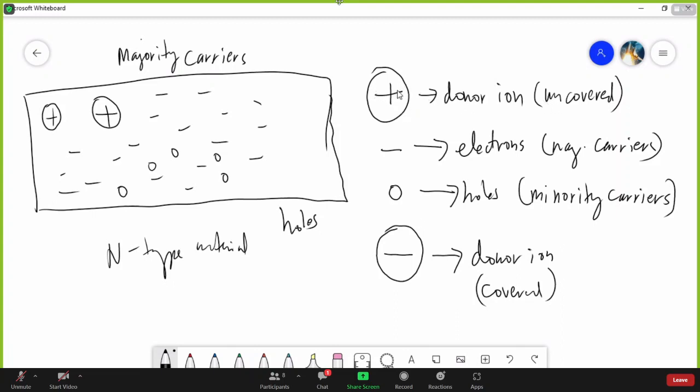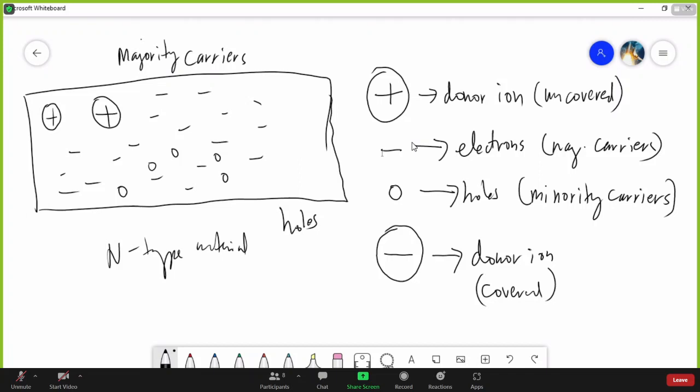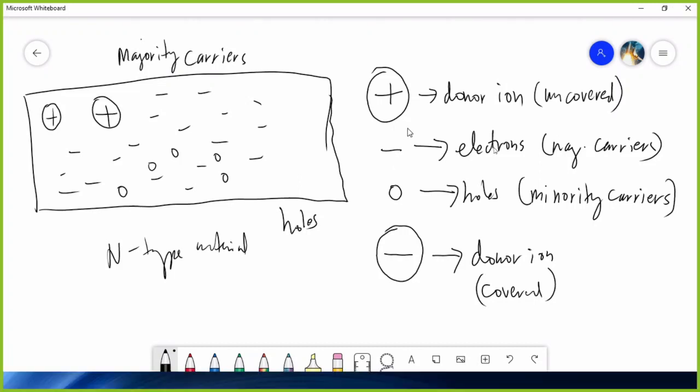Ito yung pinakamadami na carrier sa loob ng N-type material, kaya majority carrier siya dahil responsible siya for current flow. This is the symbol for electron. Yung bilog naman na maliit, no? These are holes. Responsible pa rin sila for the flow of current, pero onti lang sila kaya ang tawag sa kanila ay minority.